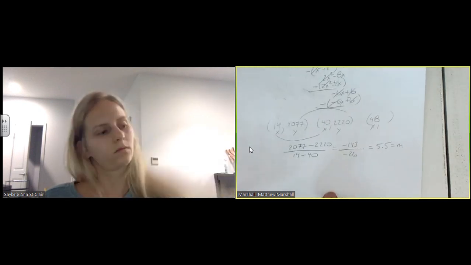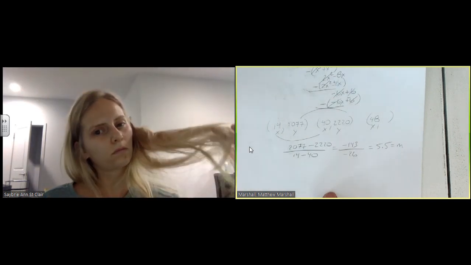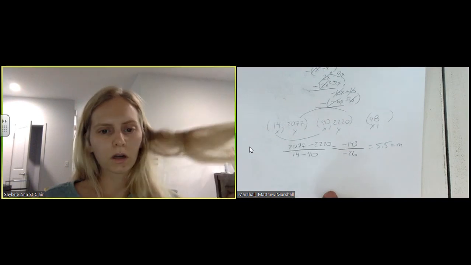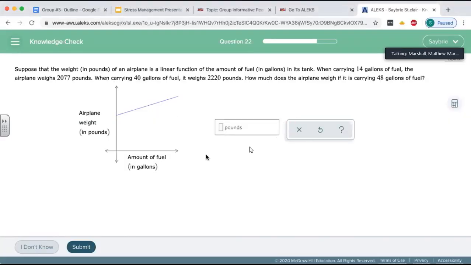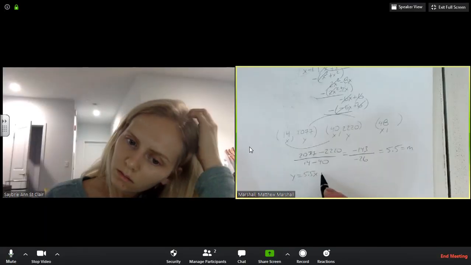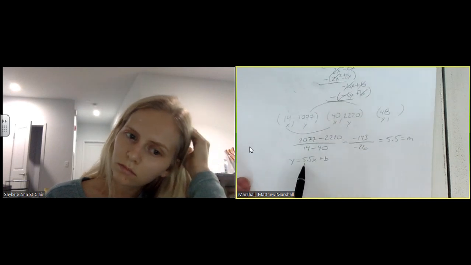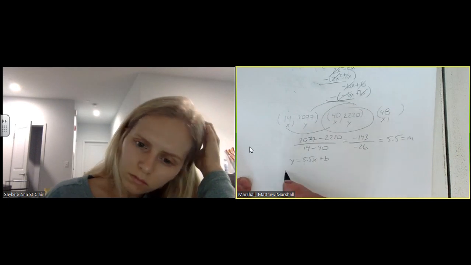So now can you go back to that chart? Can you go back to your page? Oh, it doesn't have the y-intercept. Alright, so I gotta find the y-intercept myself. So if I take that rate of change and use this one to plug in, I could find that starting point, that y-intercept.